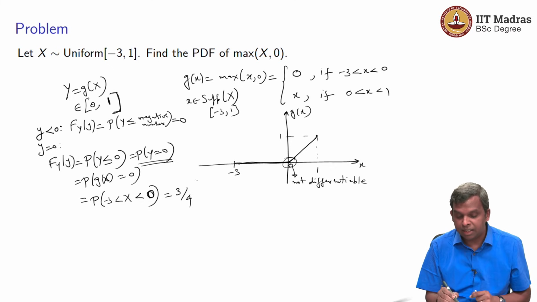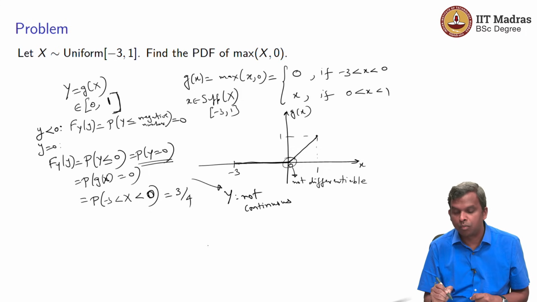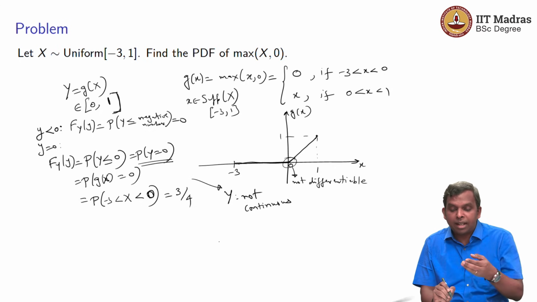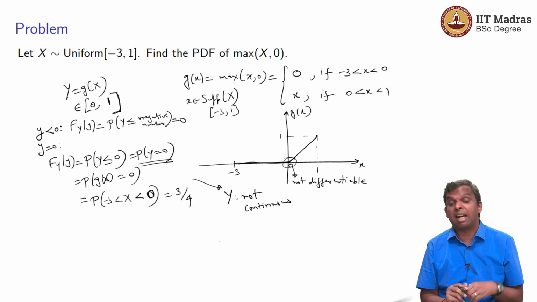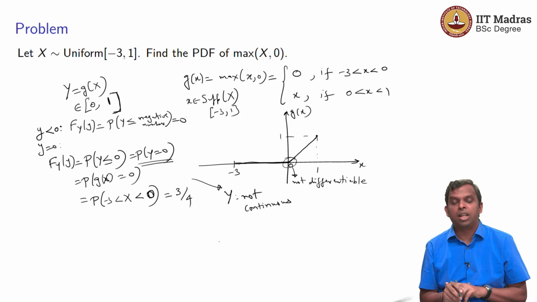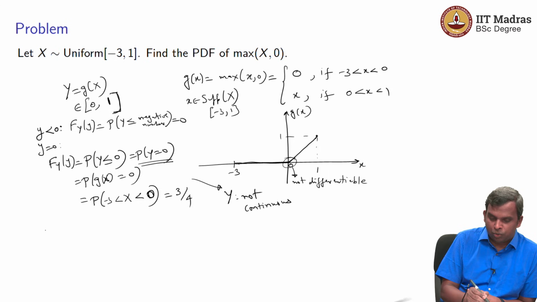So immediately this tells you that y is not continuous. It's not a continuous random variable. So if you take some transformation like this, max of x comma 0, you can expect that the output is a random variable which is not even continuous. So this kind of thing can happen. Now you can also do this for y between 0 and 1.